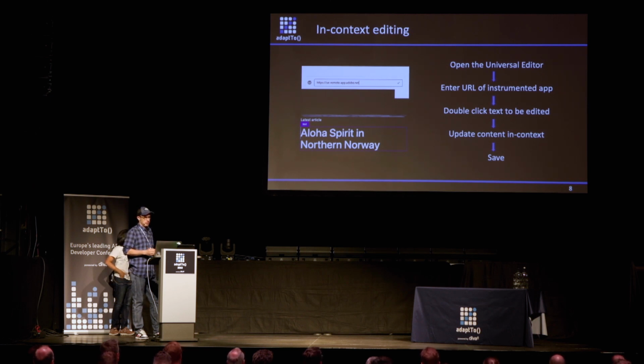Then after confirming, the app gets loaded, the editables are recognized, overlays are created, and by double-clicking, we can already go and change the Aloha Spirit in Northern Norway to something else. And by confirming this change, a persist action is performed, and we are speaking to the service, which then knows which plugin to use and what the value of the modified data is, and performs the change.